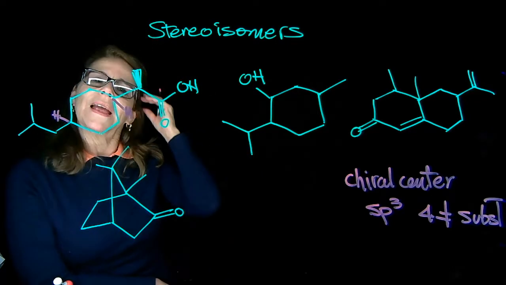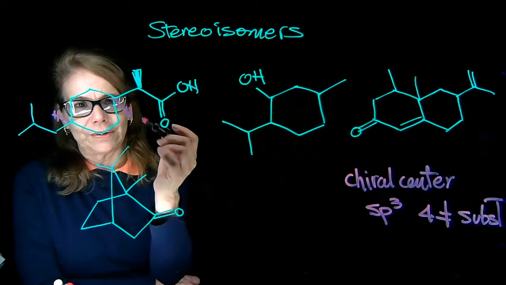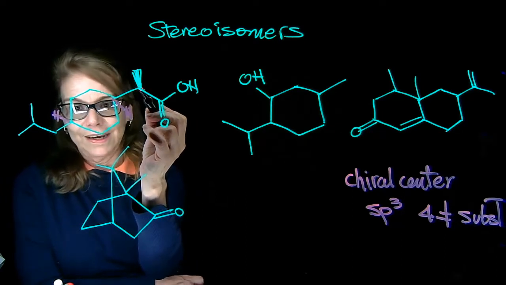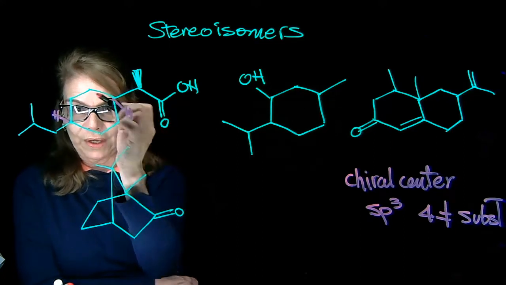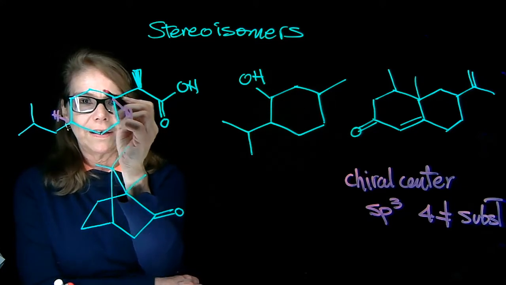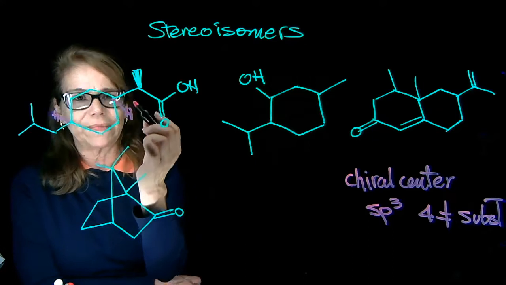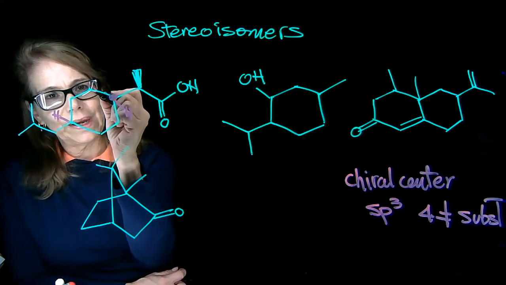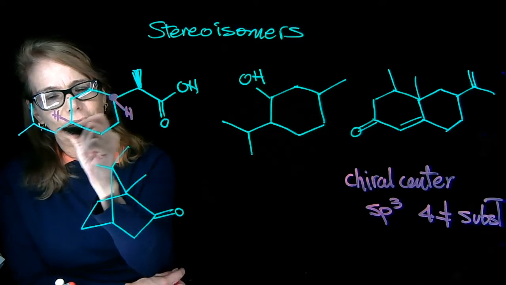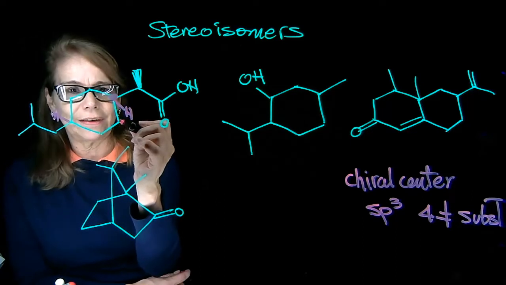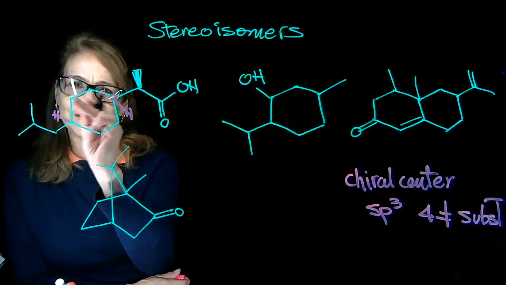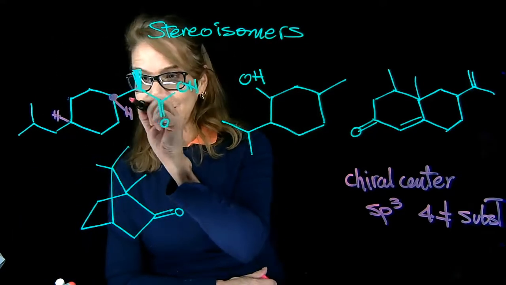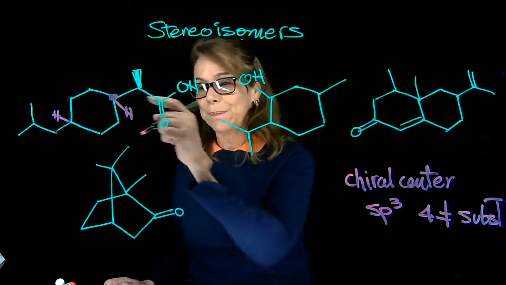Now, in the molecule here, I see hydrogen, and the chain over to the side is different to the other sides. Now, let's analyze this chain and this chain. And again, I see here that traveling this way, CH2, and now this carbon with all this. And here has CH2, and all that. So actually, not a chiral center. 2 of the chains that are connected to that center are the same.